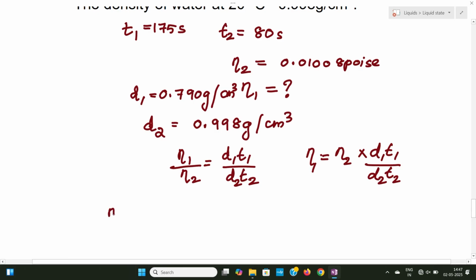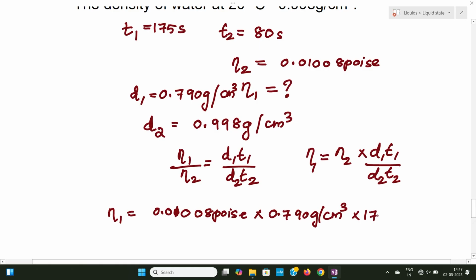Here eta 1 is equal to, our eta 2 value is 0.01008 poise, into d1, which is 0.790 gram per centimeter cube, and t1 is 175 seconds, divided by d2, that is 0.998 gram per centimeter cube, then t2 is 80 seconds.